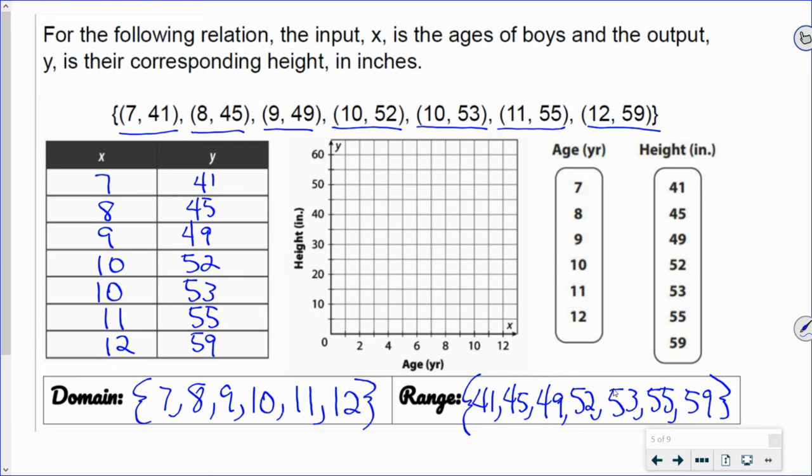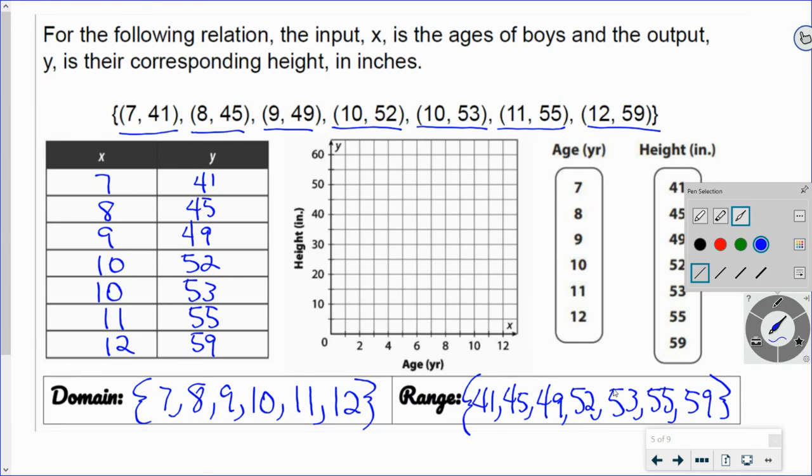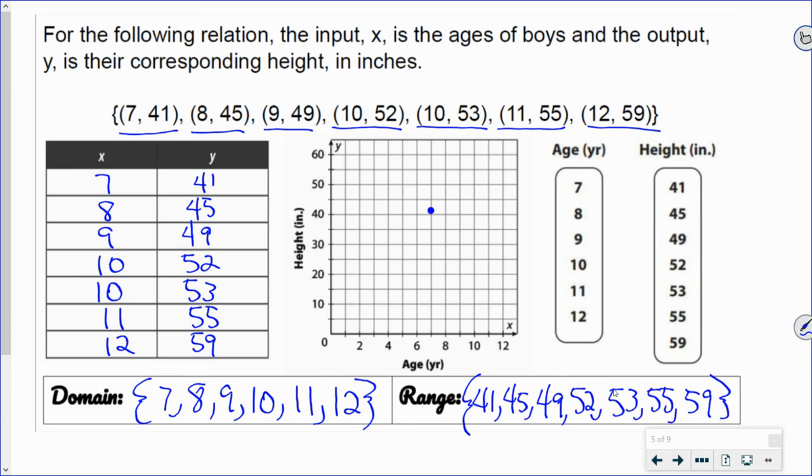So anyway, I've got the definition, so that's at least something. If I'm going to graph this, it's 7 and 41, okay? So it's going to graph it right about there. 8 and 45, 9 and 49, 10 and 52, and 10 and 53, just like that. 11 and 55, and 12 and 59.